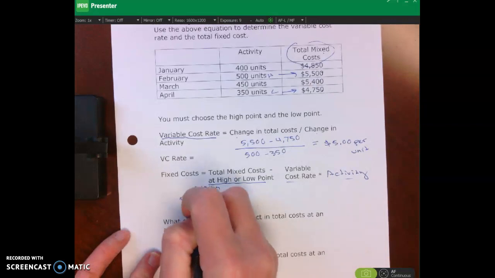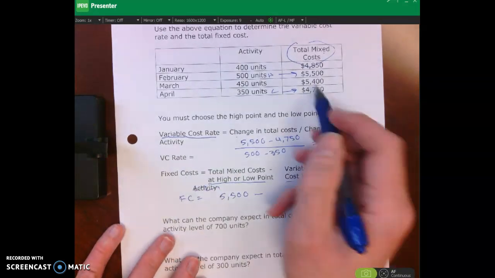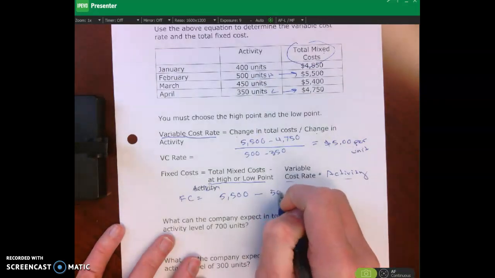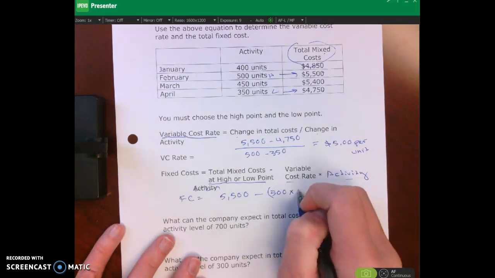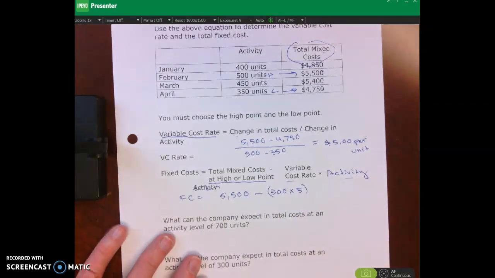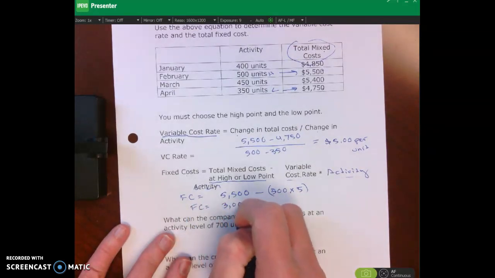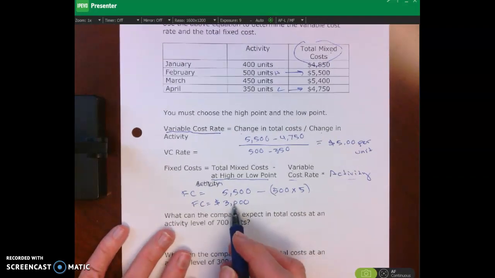So I'll say FC equals 5,500 minus, and then what's my high level of activity? 500 units times my $5 per unit. Fixed costs therefore equal $3,000. Okay? So I backed into figuring out what my fixed costs will be.